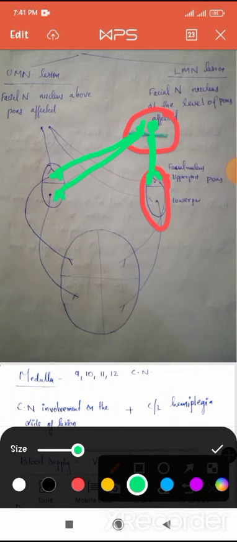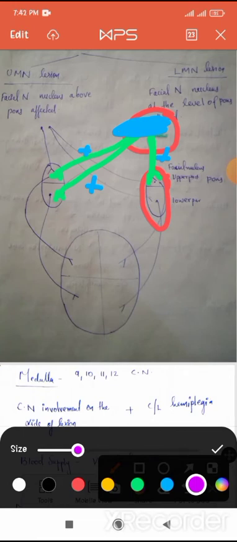Now think, if there is a lesion in the nucleus that is present above the pons, here, these two fibers will be cut. This will be cut, this also cut.